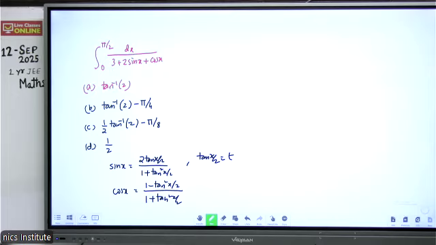So when you put tan x by 2 is t, then you can change the limit also.